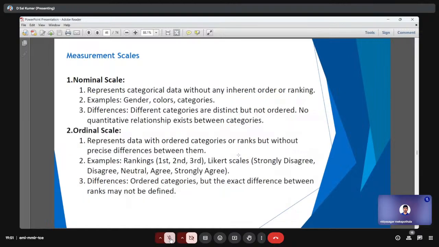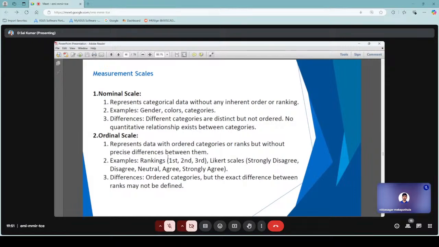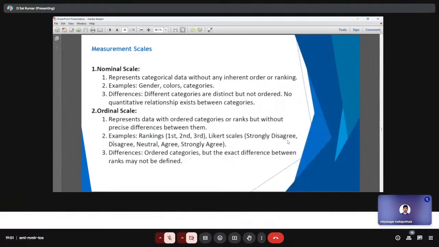The general classification is like this. Nominal scales: gender, color, categories are some examples of nominal scale. And ordinal comes with respect to rank, ranking first, second, third. Just now I said Likert scales, where we use strongly agree, strongly disagree.